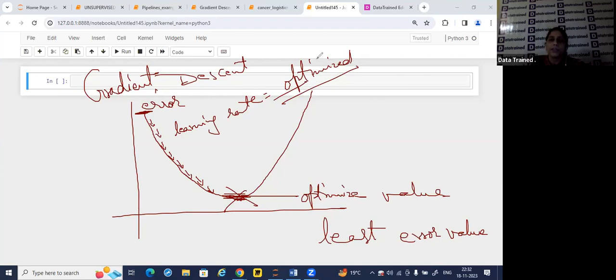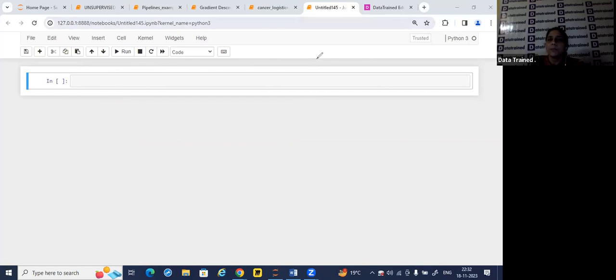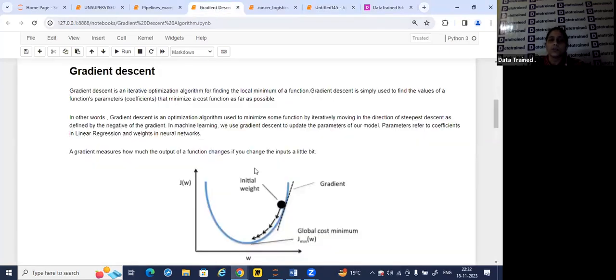Okay, it can reach the minimum value. So here you can see gradient descent is iterative. Iterative means come down, come down, come down. Iterative process.